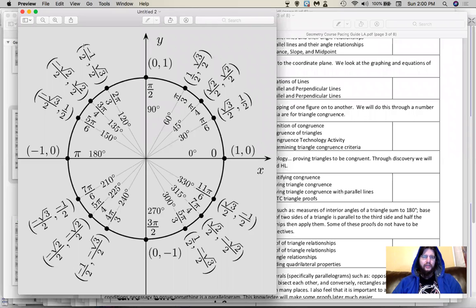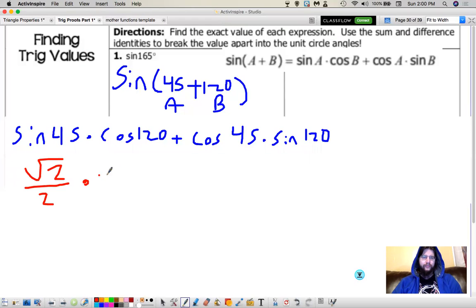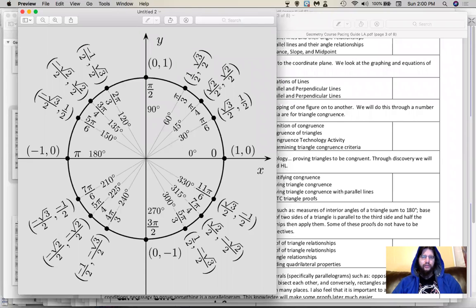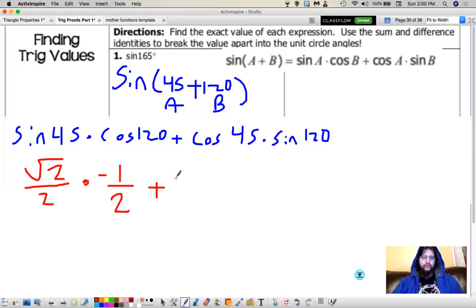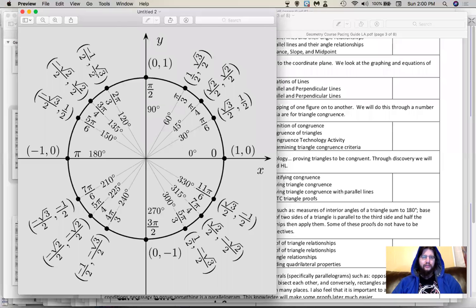Here's 120, cosine's negative a half. Plus cosine of 45, again, that's square root of 2 over 2. Sine of 120, well, that's positive square root of 3 over 2.